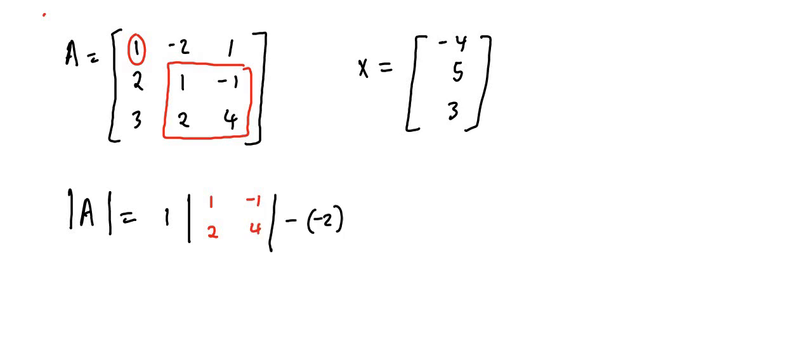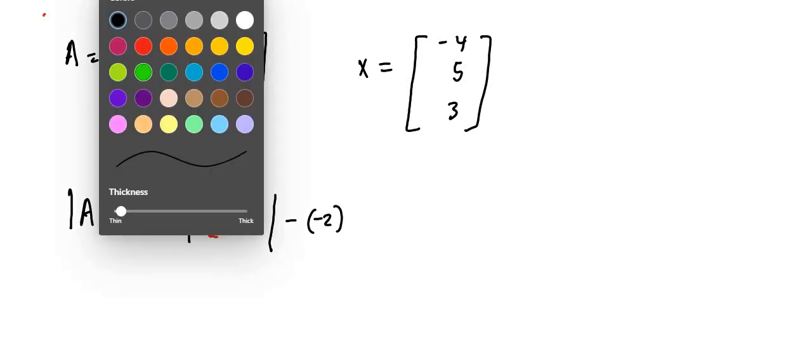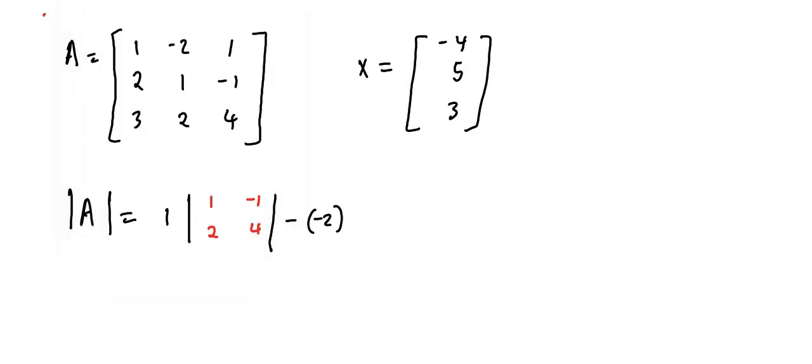Then negative 2: if we are using negative 2, we hide the column and the row where negative 2 is found. So the only thing that remains is this part here and this part there.